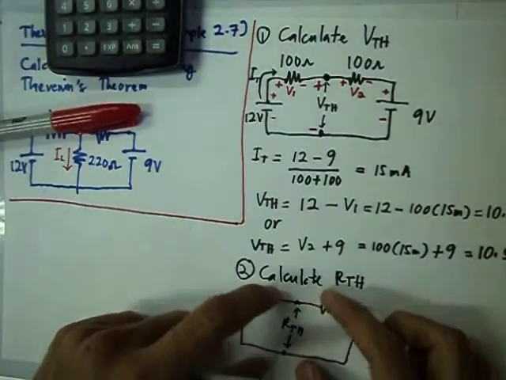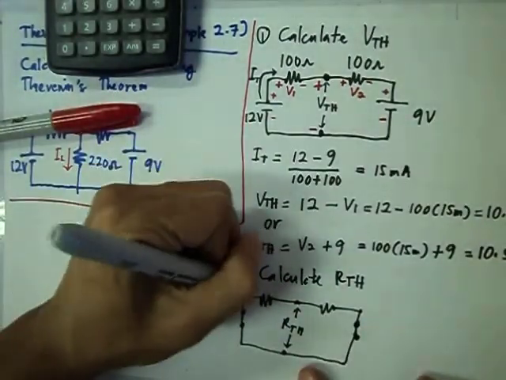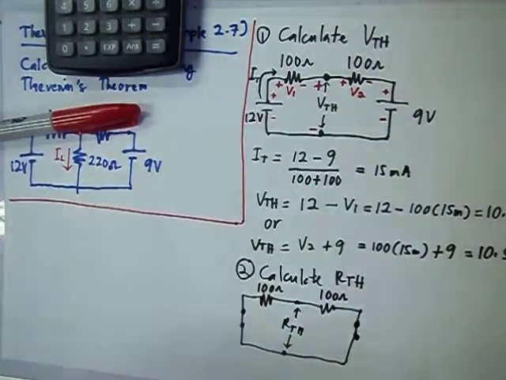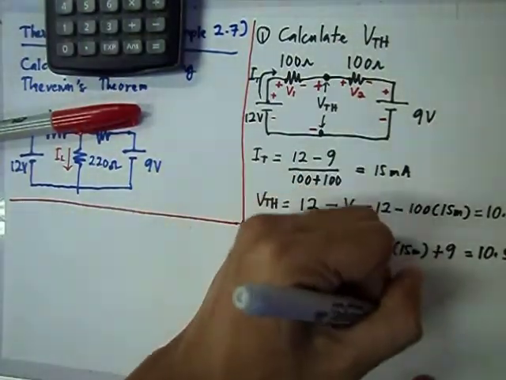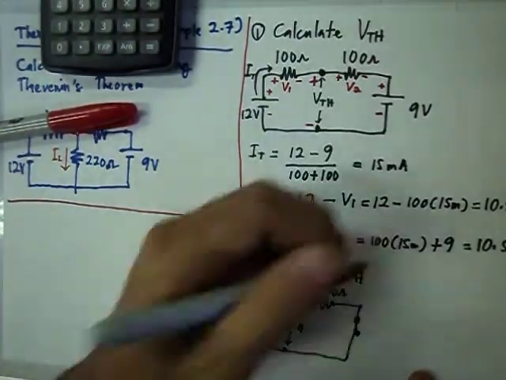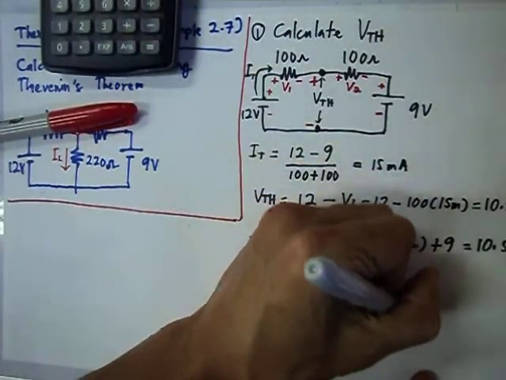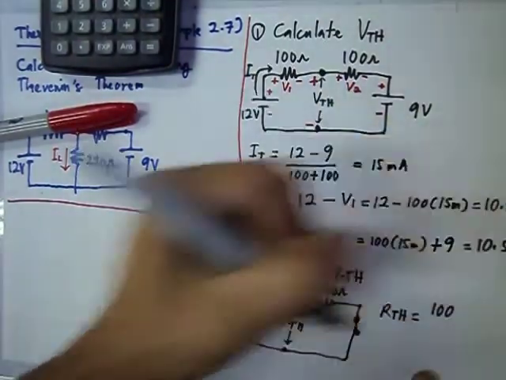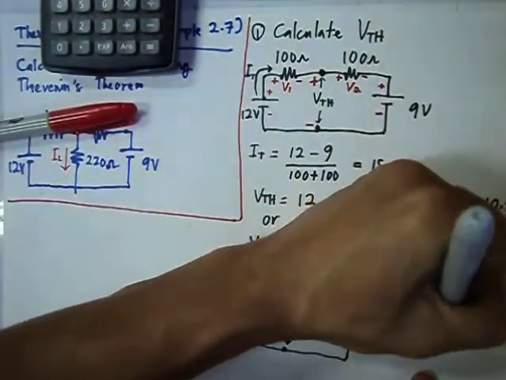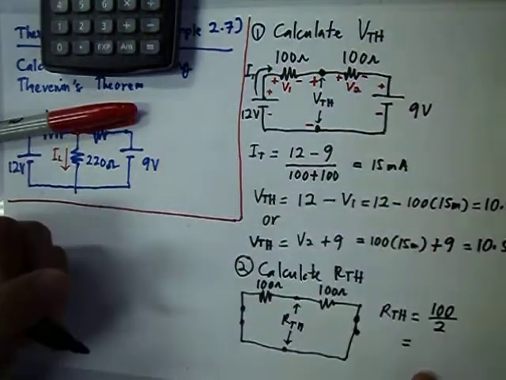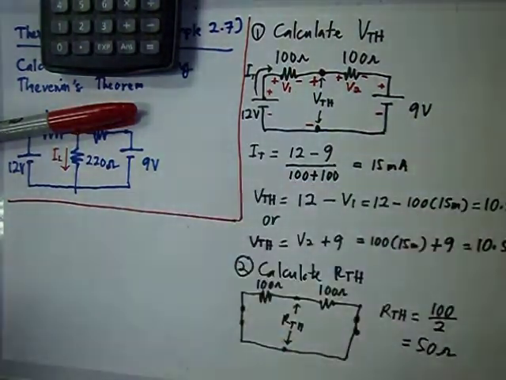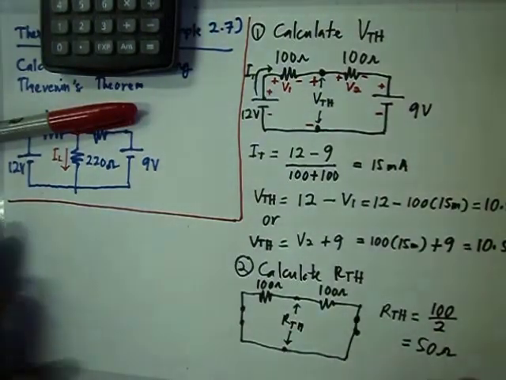What we can see here is there are two 100 ohm resistors connected in parallel. So RTH equals, because the resistances have the same value, 100 divided by 2 is a simpler solution, 50 ohm. That is our RTH.